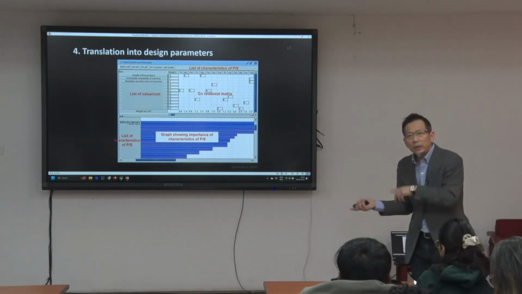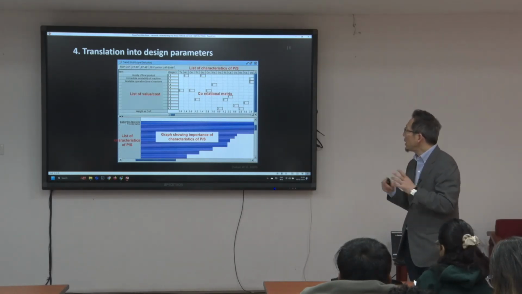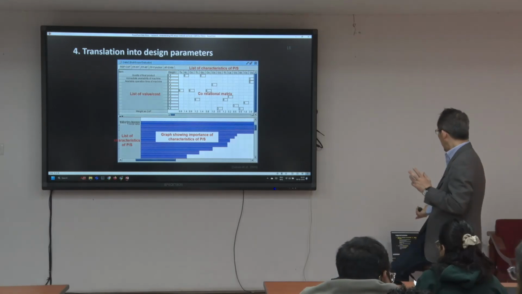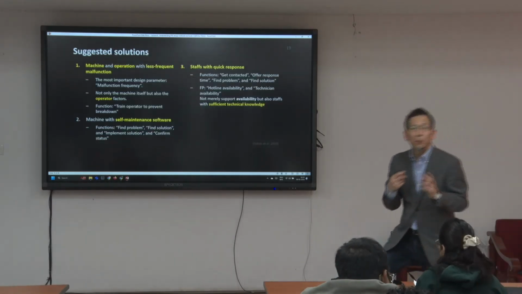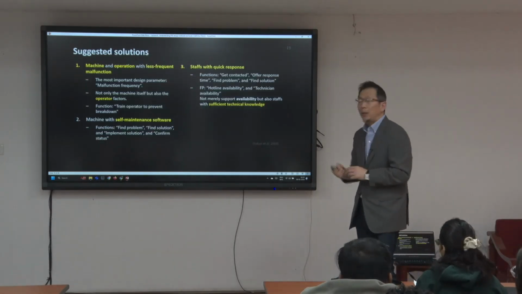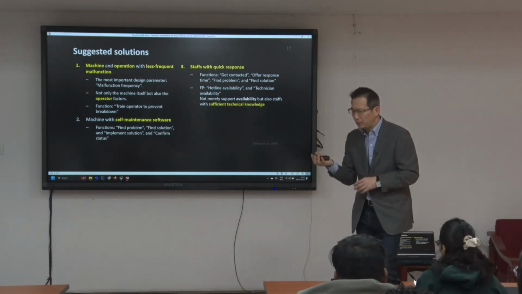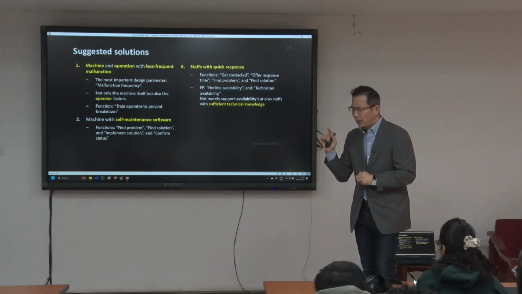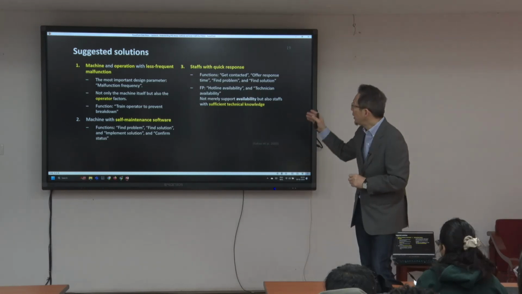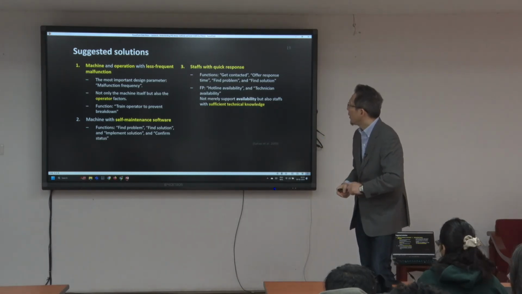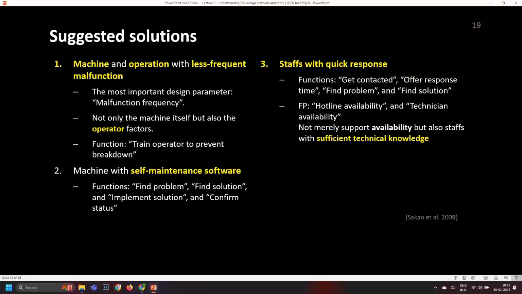So using the outcome, designers did brainstorming by looking at what improvement options can be possible to improve the more important design parameters. And it's up to the designers.